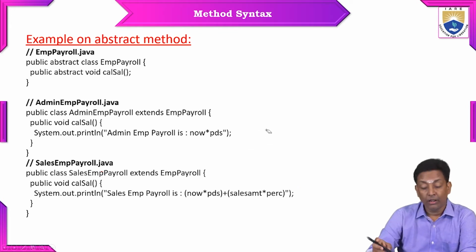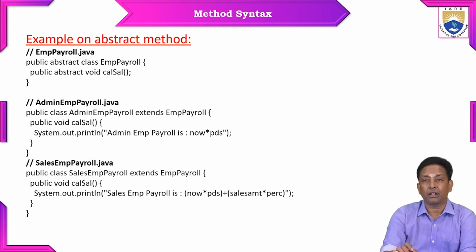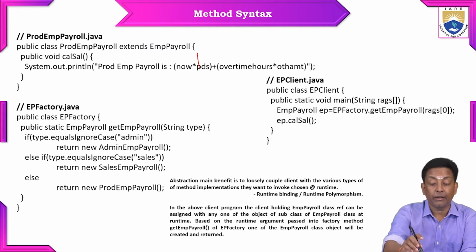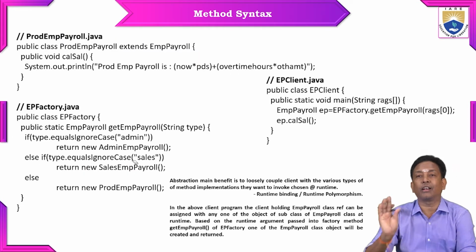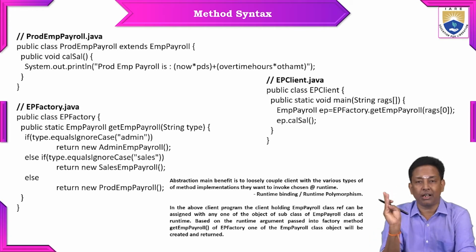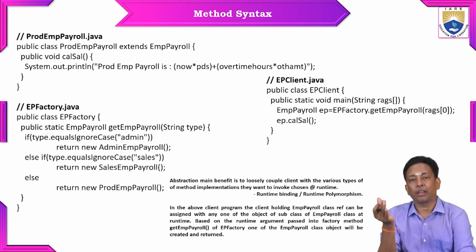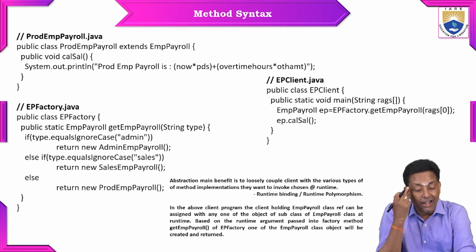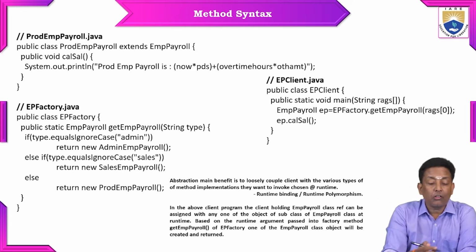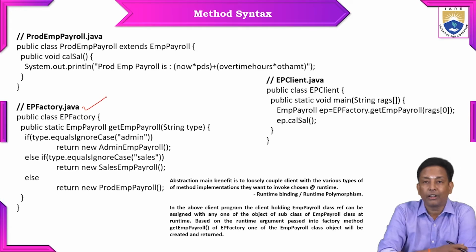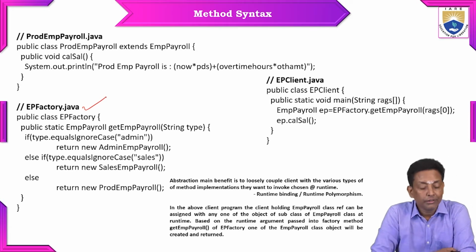Okay, at runtime. So a minimum of one abstract class, more than one subclass, one factory method and one client program are required. So what will the factory class and factory method do? Here I am writing one class called EP factory. EP factory means employee payroll factory.